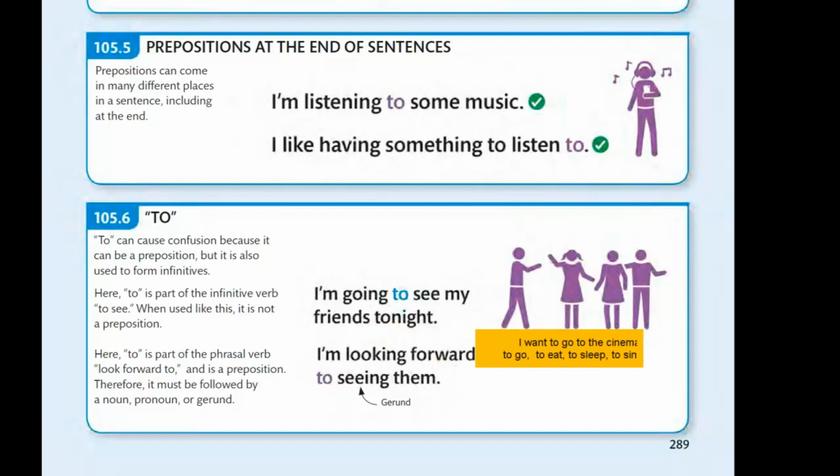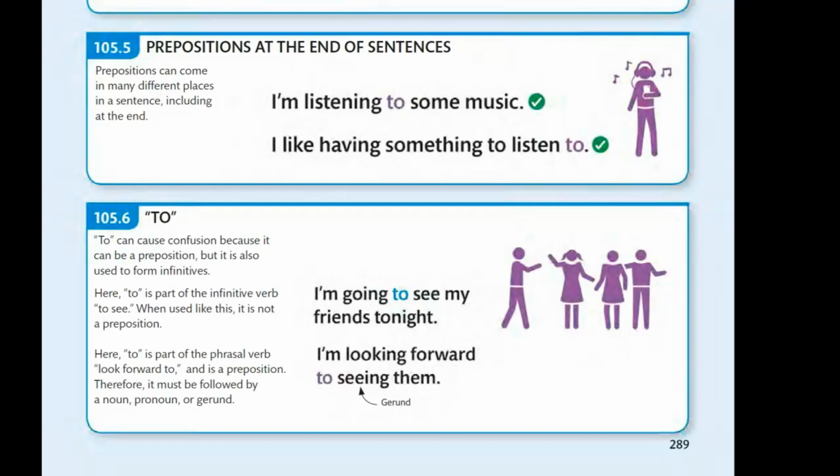So we do not say to went, to ate. No. That's what infinitives are. And what they are trying to say is that here, to is not a preposition. To here, in all the examples that I gave above as well, is not a preposition. It is part of the infinitive.